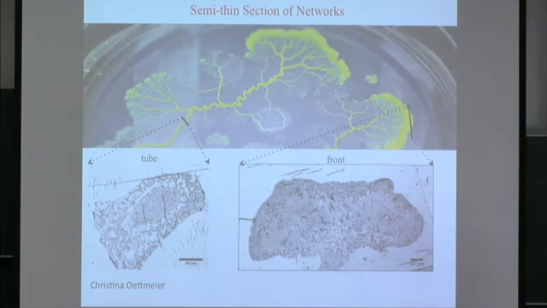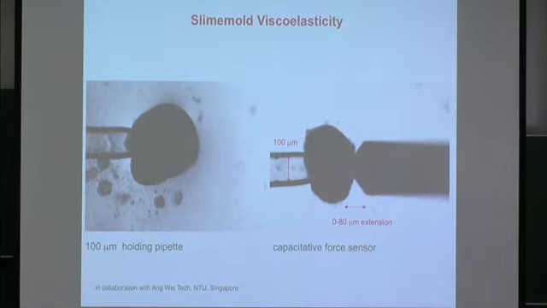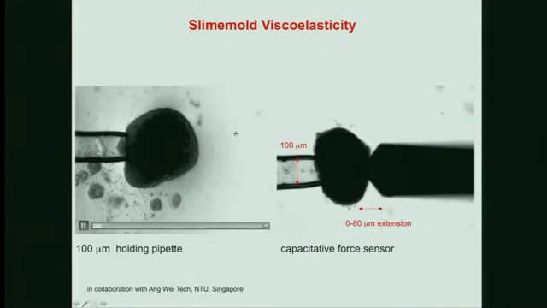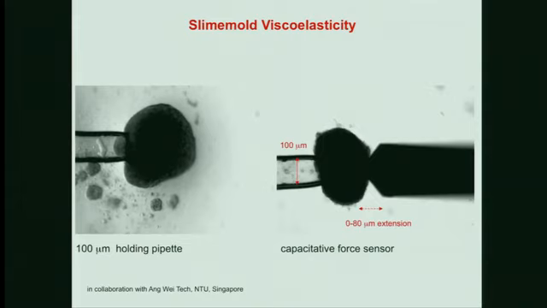Now you want to find out about their viscoelastic properties. You do this by micromanipulation. This is done in collaboration with Ang Wei Tech at NTU Singapore. They have a holding pipette, and in fact, when you hold these guys, they still oscillate, which tells you that you have to be faster than the 2 minutes to avoid very complicated analysis.